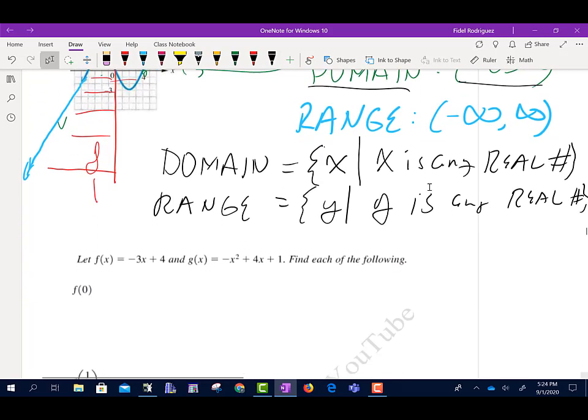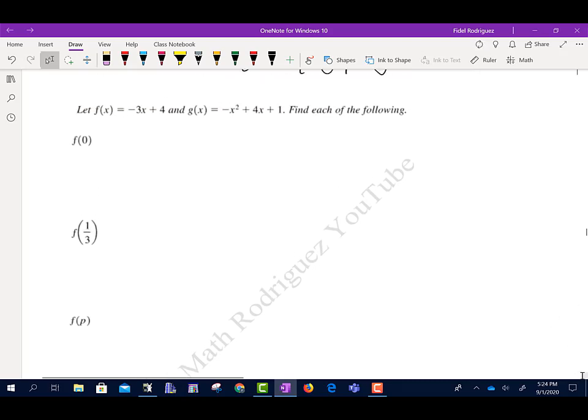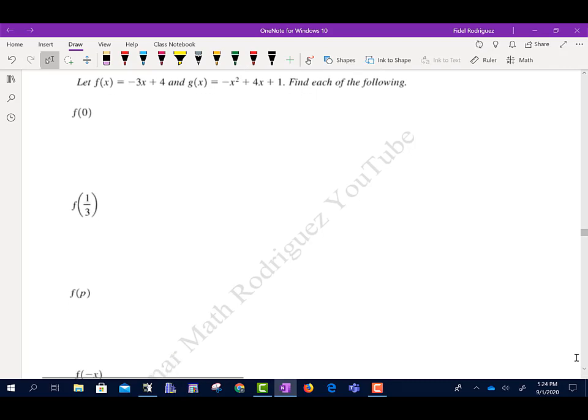Let me scroll down, and let's see if we can figure out some of these problems here. So let me do this a little bit. There we go. Perfect. Okay. So we got two functions here. The first function, f of x is equal to negative 3x plus 4. First thing we want to do is find f of 0.